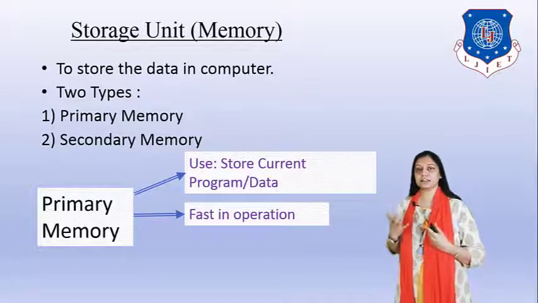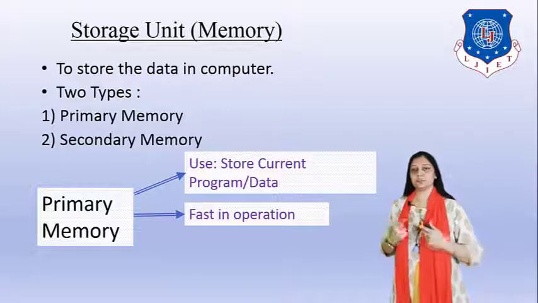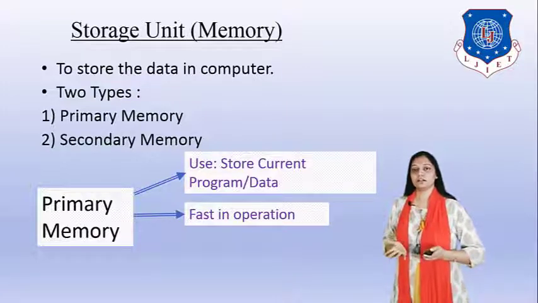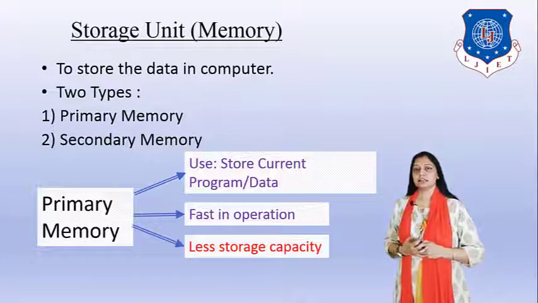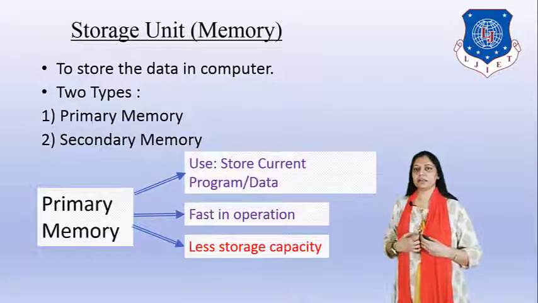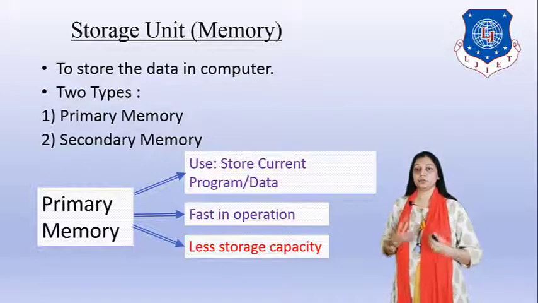What's the advantage or disadvantage of primary memories? Primary memory is considered the fastest memory. Since it is very near to the CPU, the operation is carried out in a faster way. The disadvantage of primary memory is that the amount of data which we can store in it is very, very less compared to secondary memory.